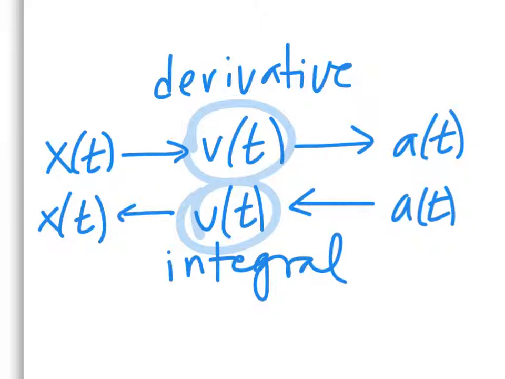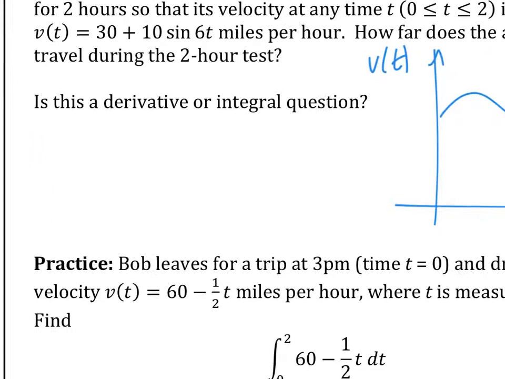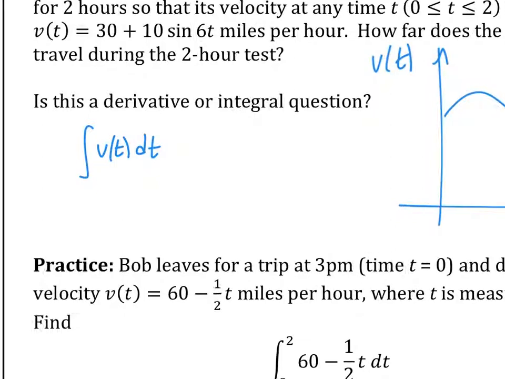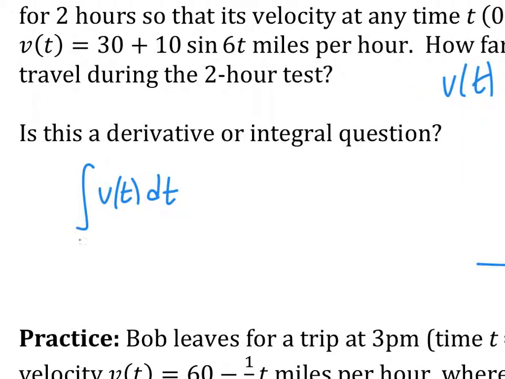Integral or derivative? Integral. We want integral. So we want the integral of velocity from where to where? 0 to 2. All right, so then you just plug that into your calculator.